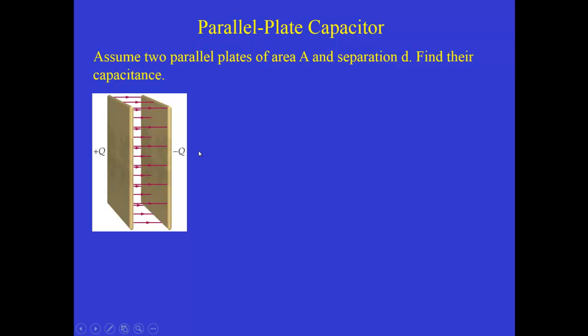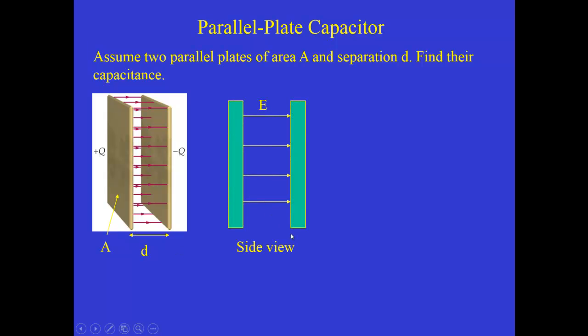And Gauss's law allows us to calculate what the expression is for the electric field in that region. So the plates have area A and separation D, and we should expect to see those two quantities in our final result, because A has to do with the size and D has to do with the distance, or the geometry between the plates.